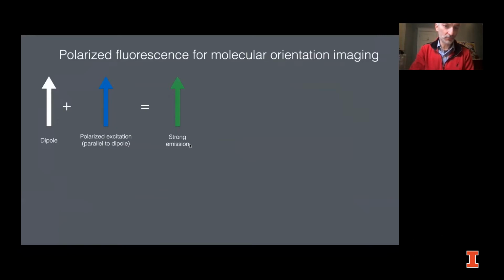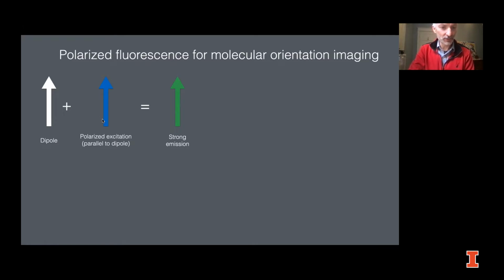So how can we exploit this to image the orientation of molecules? Okay. Thinking about it from the standpoint of excitation that I just mentioned, if we have a dipole with a particular orientation, you can think of this dipole as a vector. Actually, it's probably better to think of it as a double arrow vector. We can't tell up from down. There's a symmetry if you flip them 180, but it has an orientation. It's pointing along some line.